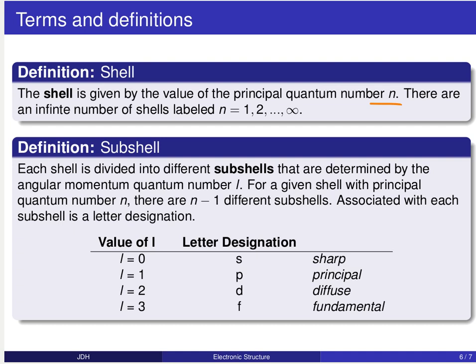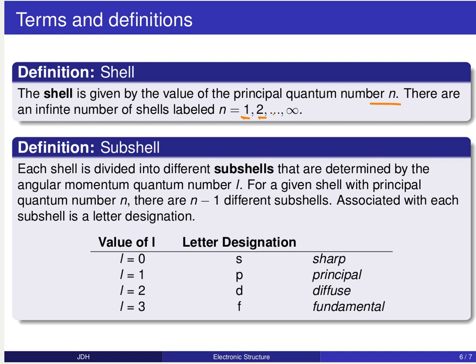And so an atom could have many different shells, and we'll explore that more in future lectures. But each one of those values of n that a given atom has is referred to as a shell. So we have an n equals 1 shell, an n equals 2 shell, n equals 3 shell, and of course there's an infinite number of these.